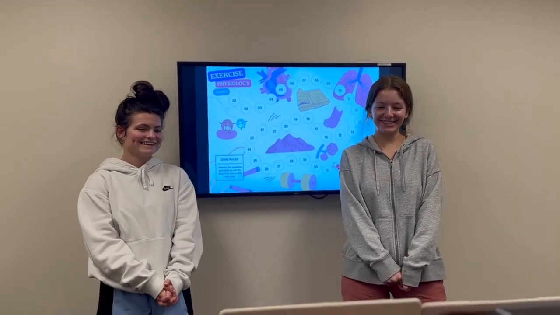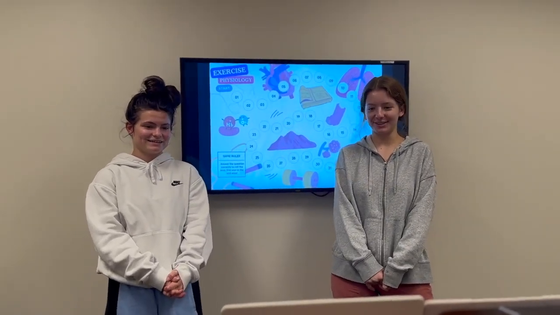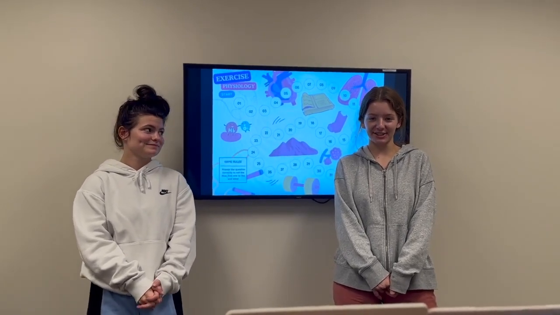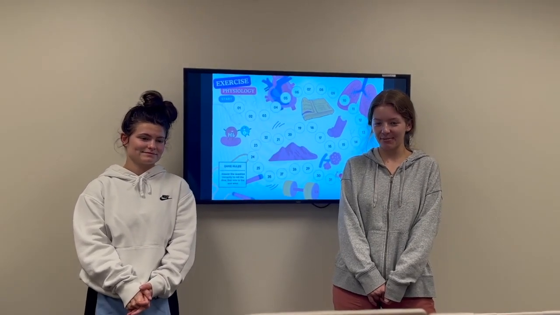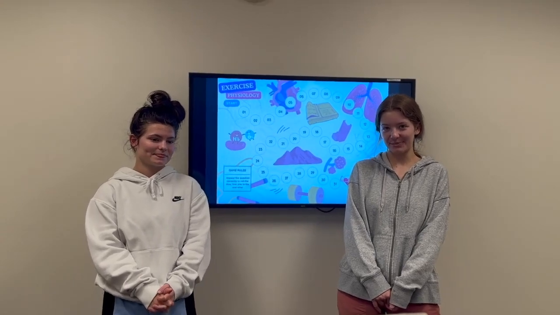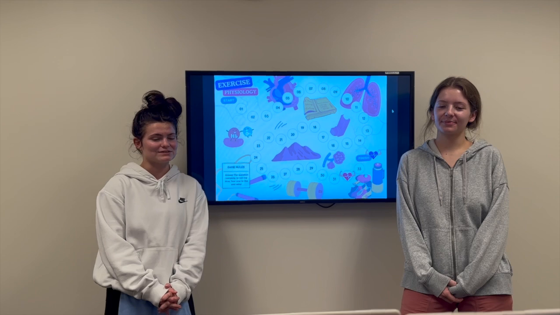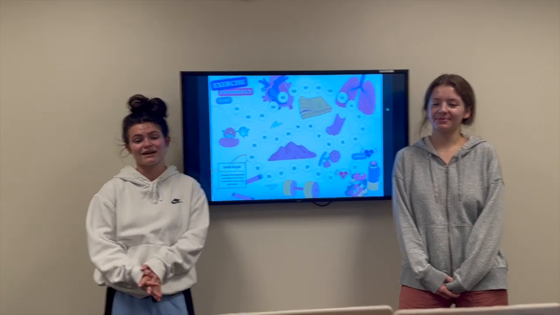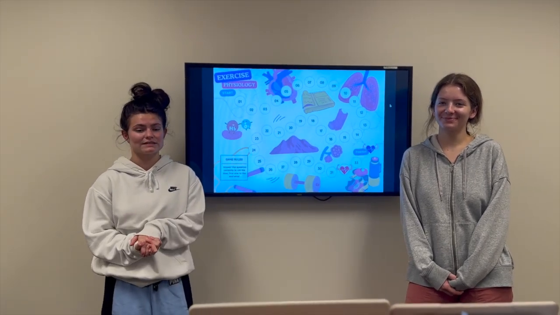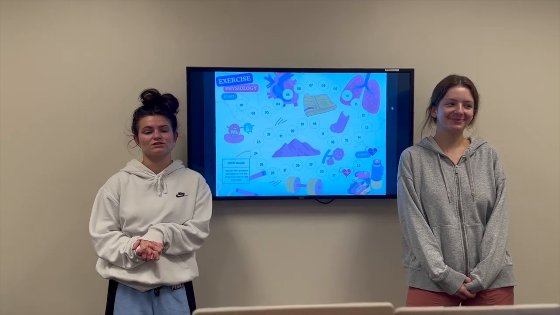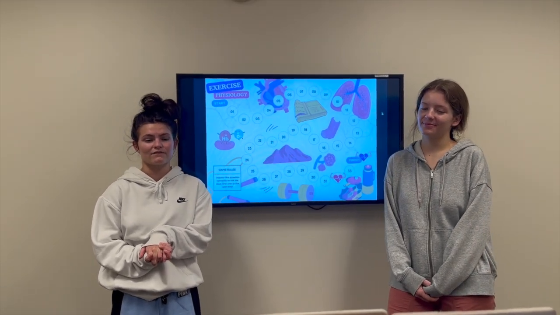Kally and I wanted to explain how all three systems work together, including the cardiovascular system, respiratory system, and cardiorespiratory system. The heart serves as the pump to get blood flowing throughout the body by using electrical impulses. Blood carries the oxygen and other important nutrients which we need for muscle contractions during exercise and everyday bodily function.